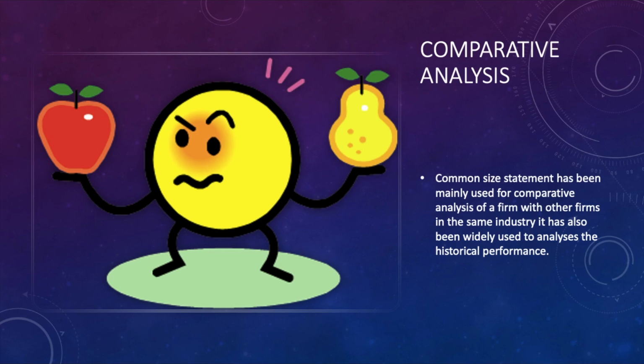And if we take the analysis of the company within the industry, among its peers, we can compare Coca-Cola with PepsiCo. If we are looking for the company with the lowest amount of inventory, we simply look at the common size statements of 2024 and see which company has less inventory.